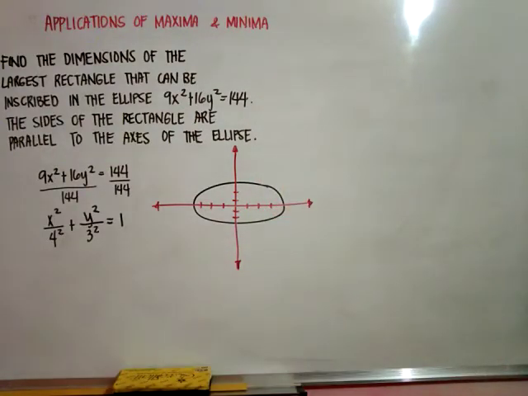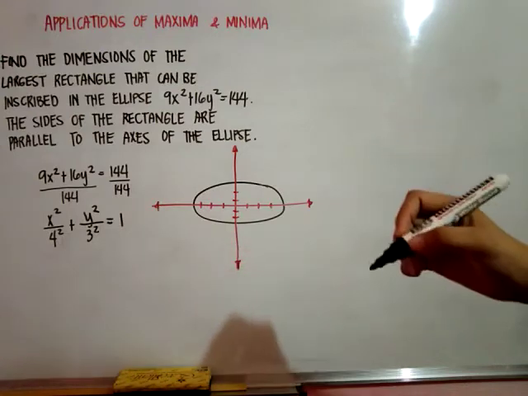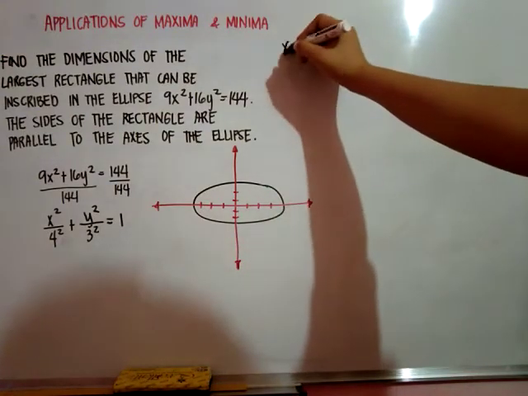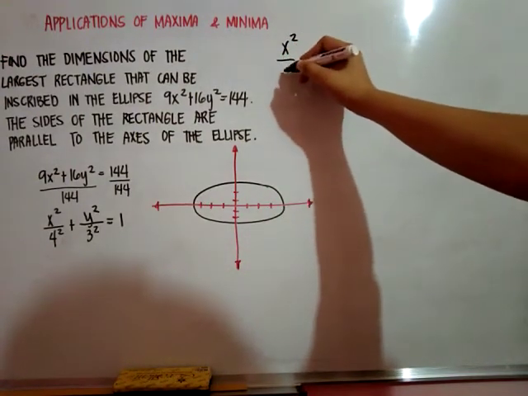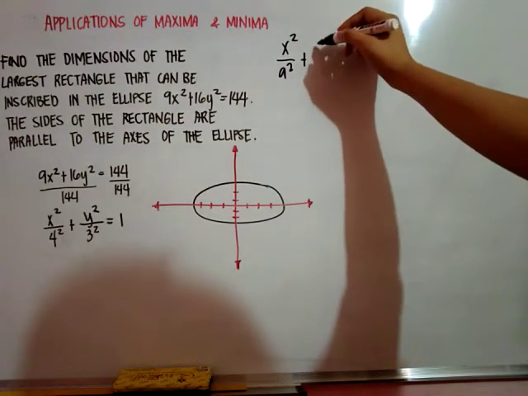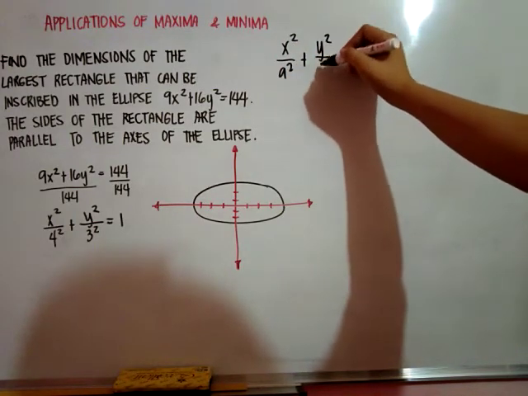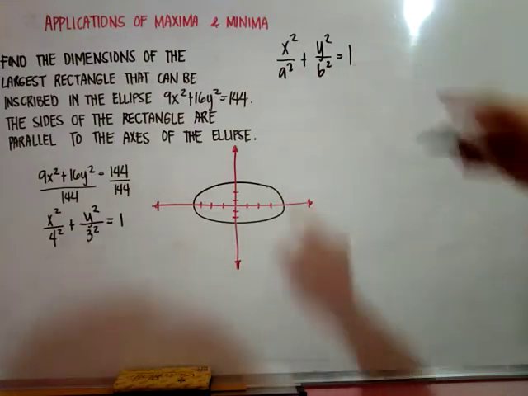Ipupunta lang natin siya dun sa standard form nung ellipse natin, wherein yung center ng ellipse is at the origin. Kapag i-recall lang natin, kapag yung center ng ellipse is nasa origin, ganito yung standard form niya.